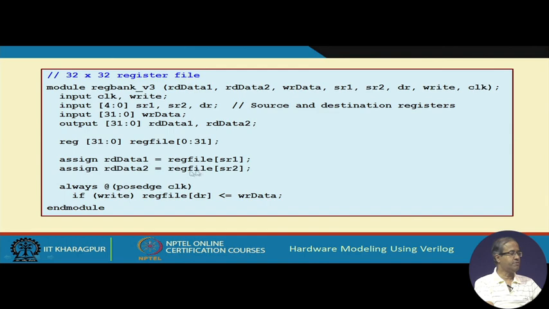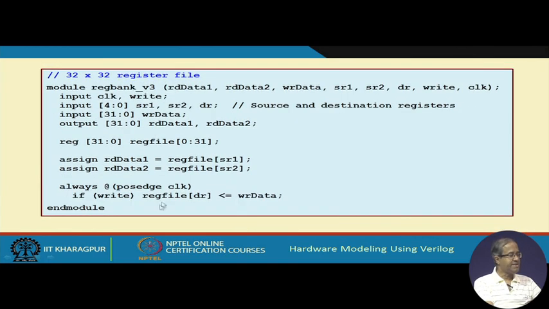For the second port, reg file with SR2 as the index. And for write, always at posedge clock, if write is active, write data goes to reg file DR, simple, right. So, in a behavioral way it is very compact and simple to specify a register file like this.